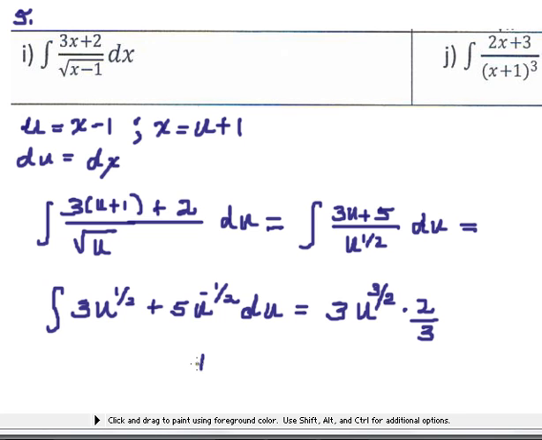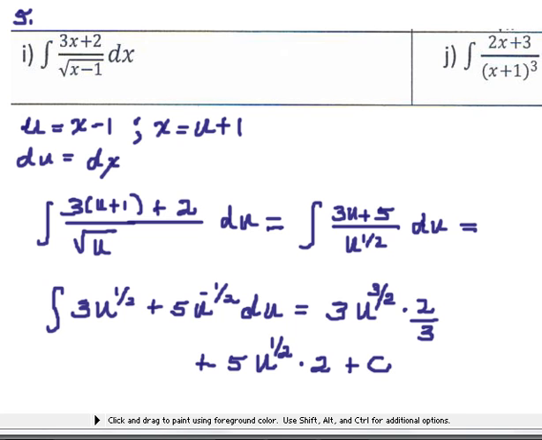Plus 5 times u to the minus 1/2 plus 1, that's u to the 1/2, divide by 1/2 or multiplication by 2, and at this point we put in the plus c.